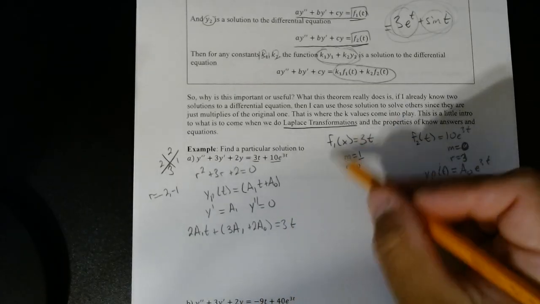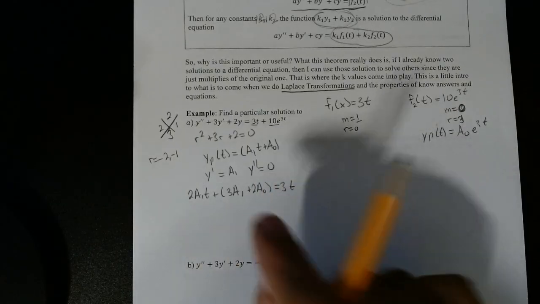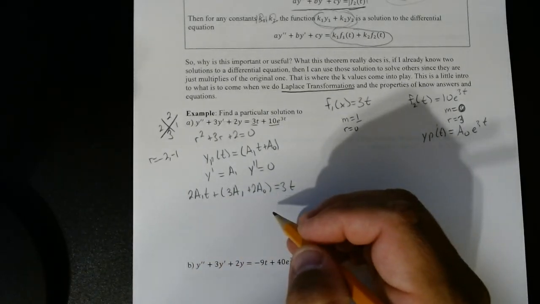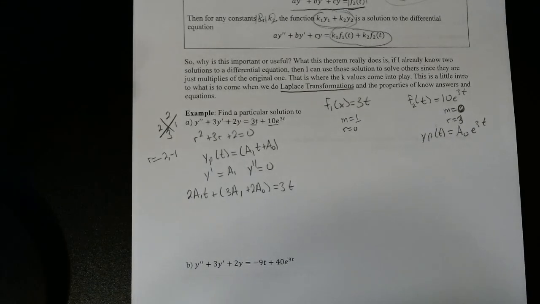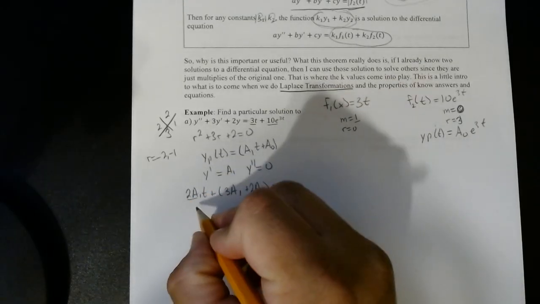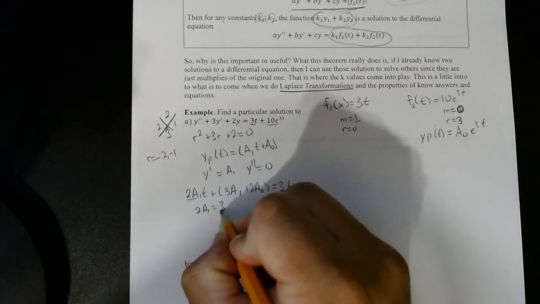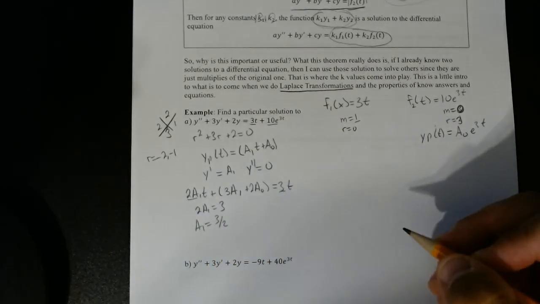Again, we're just looking for F1 so far. Plugging these all in and making our equations, this gives you 2a1 equals 3, so a1 is equal to 3 over 2.